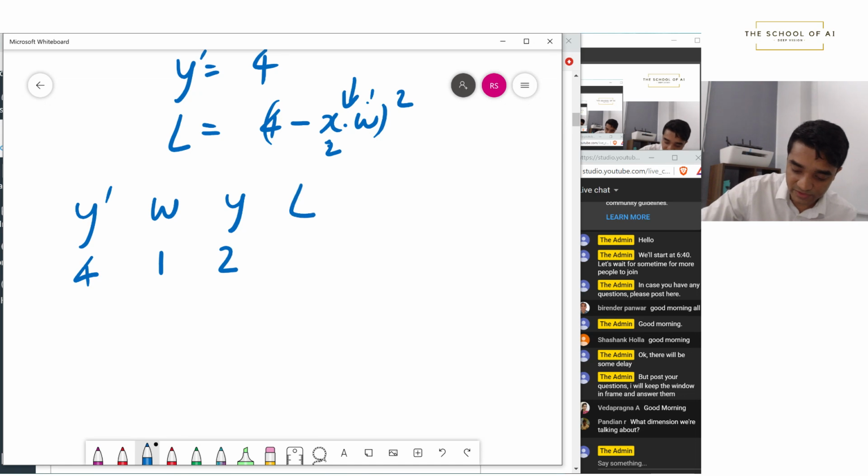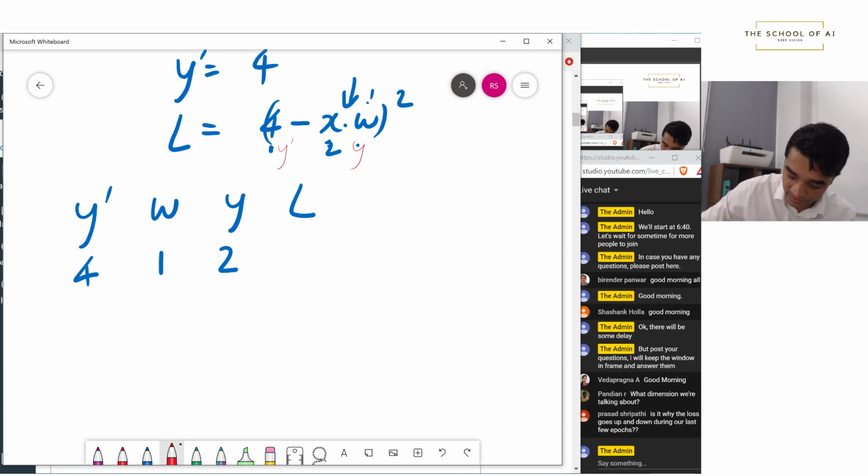And the loss is equal to y dash minus y. Our loss is equal to 4 minus 2 right now, right? 4 minus 2 is equal to 2, right? The square we are going to see later, so don't worry about that. And this is the first case.